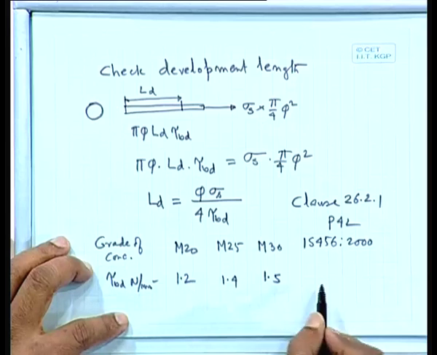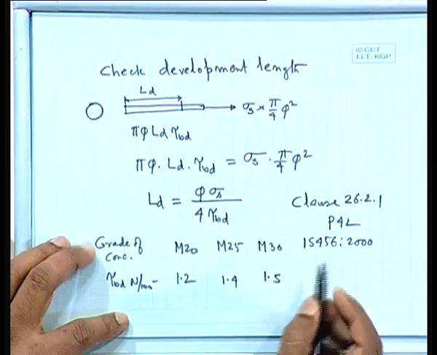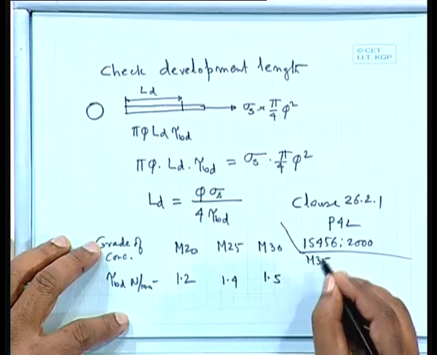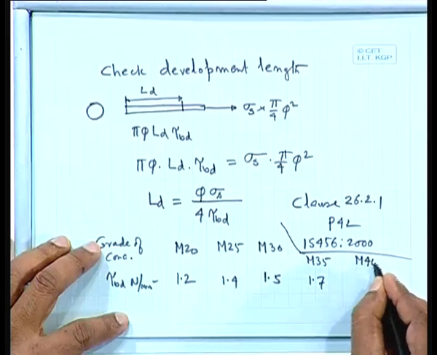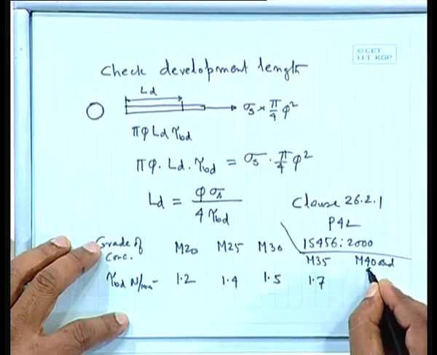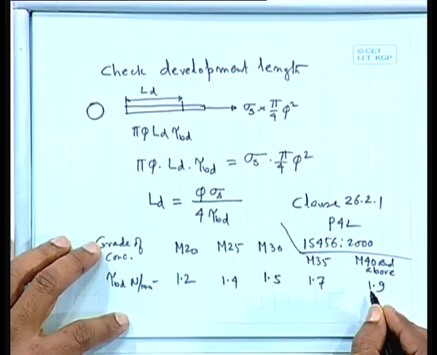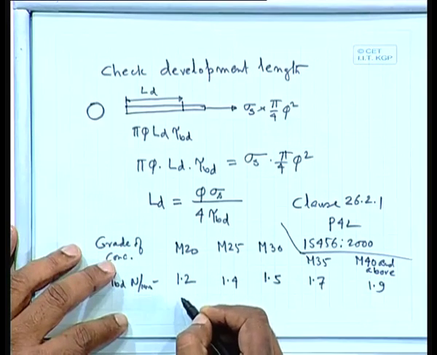So like that we have M20, M25, M30, there is M35 also, I think I can note down here, M35 that is 1.7, M40 and above it is 1.9. So you can note that it is maximum 1.9, and for our case, M20, it is 1.2.